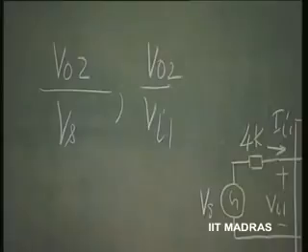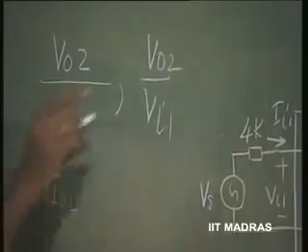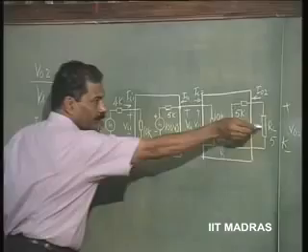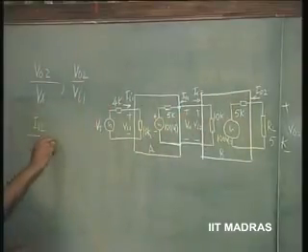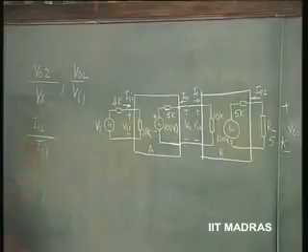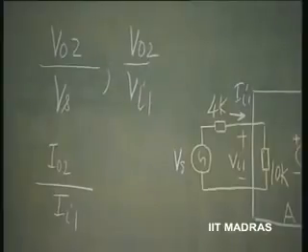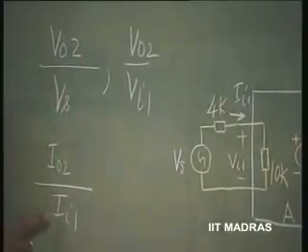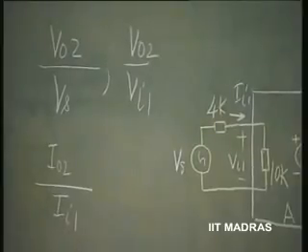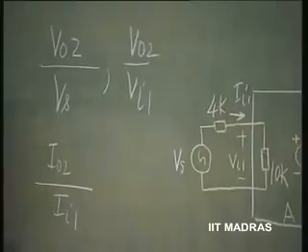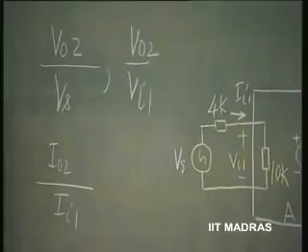So then we would also like to evaluate I02, the final output current flowing through the load, divided by I1, which is the current gain. If I have represented this as a current source in shunt with an impedance, I would have had I02 divided by Is. That is another gain corresponding to this. You can leave it like that.